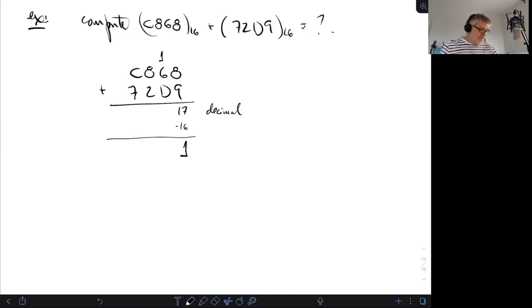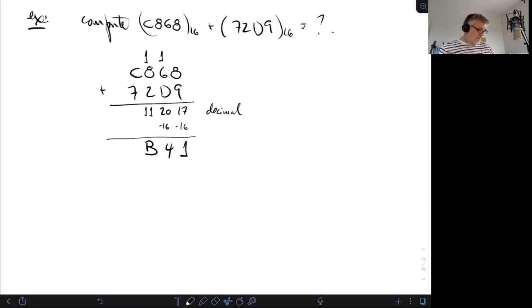Okay. D is 13. 13 and 6 is 19, so that's 20 decimal. I remove 16. I get a 4, and I get a carry of 1. Okay. 6 and 5 is 11 decimal, there's no 16, so it's just a digit. So that's B in hex, no carry.